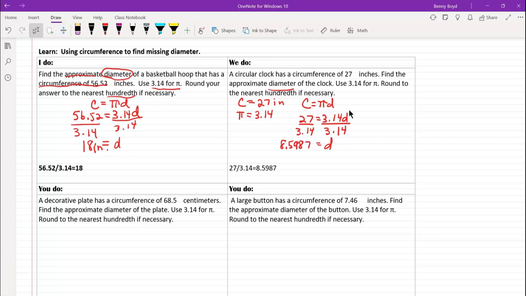Okay, but we are asked to round to the nearest hundredth. So therefore, D must be 8.60 inches.